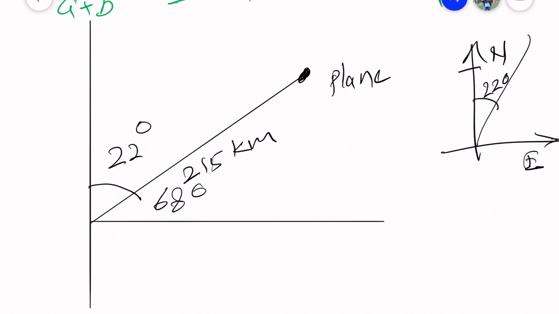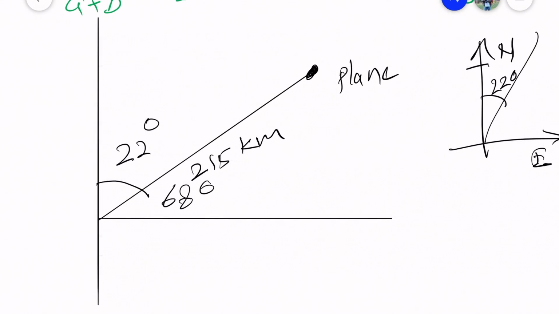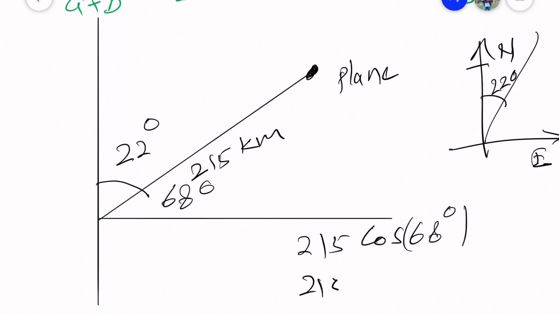Now it is easy. How far east is nothing but how much it has traveled on the x-axis. So that is nothing but 215 cos of 68 degrees, and how much north it has traveled is nothing but 215 sine of 68 degrees.